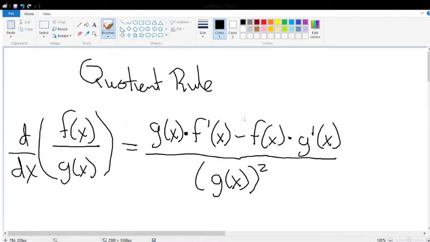This is the definition of the quotient rule.